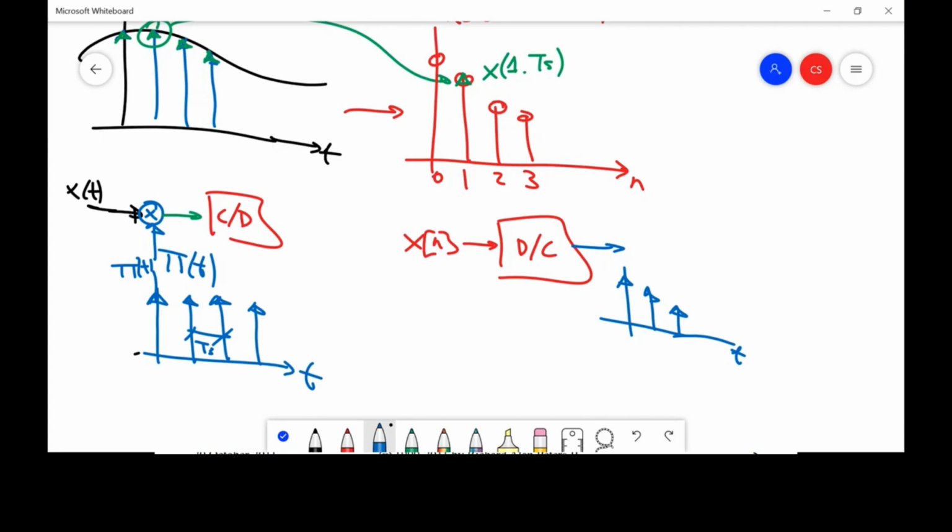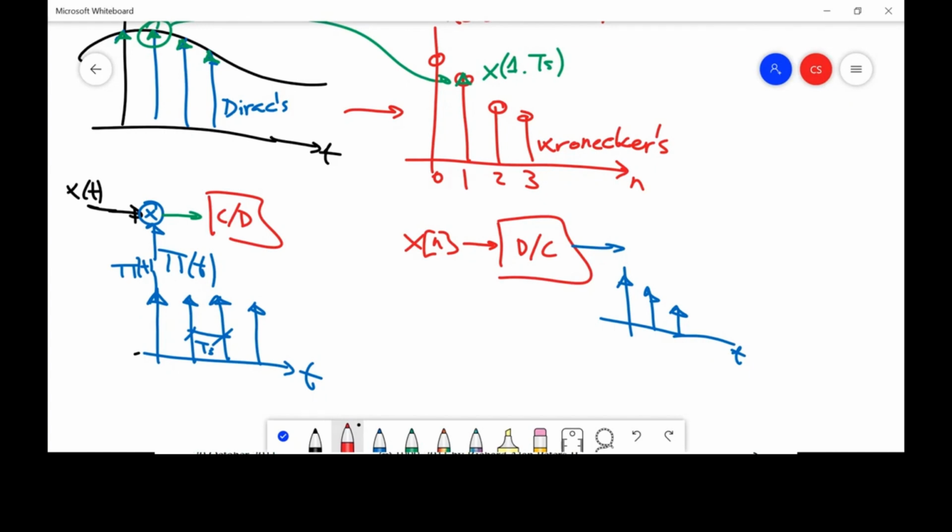You already know this, but these deltas are called Dirac's deltas. And what about this one? Kronecker's. They have different definitions, very, very different definitions. Okay, so now I have this one.